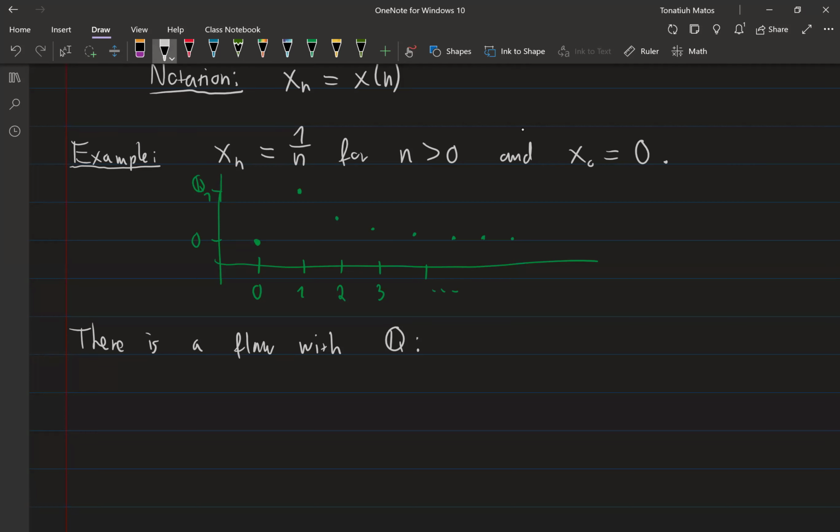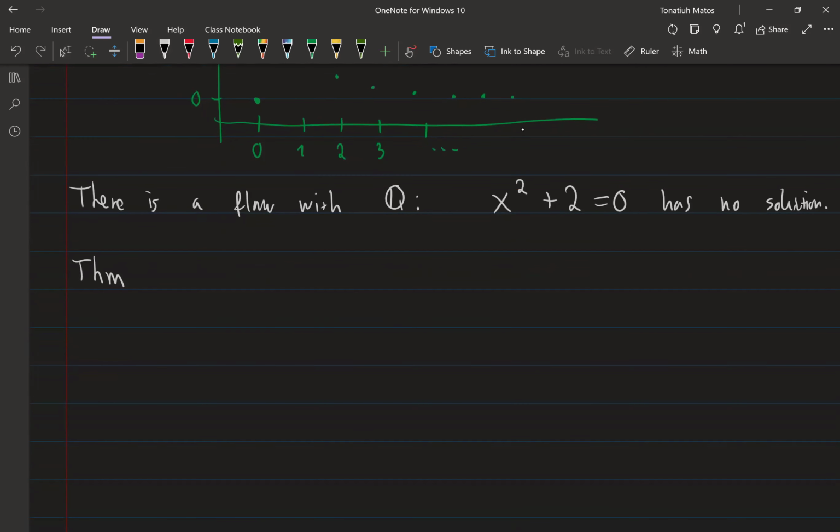But there's a new flaw. X squared plus 2 equals 0 has no solution. So let's prove this. Proof. How do we prove that this has no solution? So suppose there is a solution, A divided by B, right?